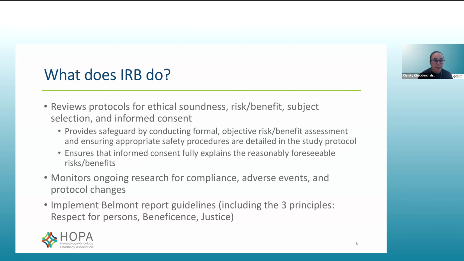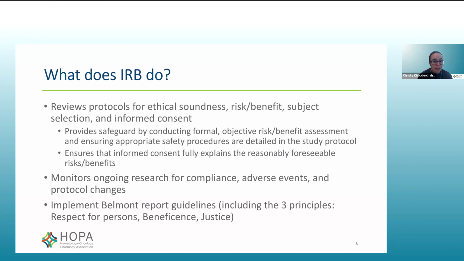Next slide. So what does the IRB do and why do we have to do it? The IRB really embodies the conceptual aspects of the Belmont Report, which highlights 3 key principles: respect for persons, beneficence, and justice. Essentially what that means is they're providing safeguards to ensure that there are objective, unbiased assessments of the risk-benefit ratio of all research that's conducted to ensure it's appropriate and safe for the patients.